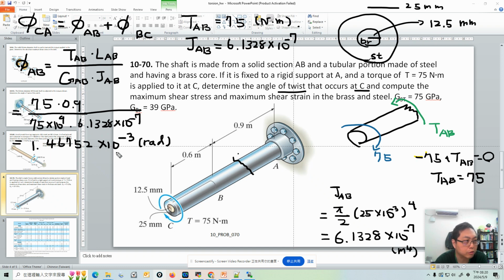Next part is to calculate phi BC. What do we have to know for phi BC? First of all, we need to know the torque of the BC section.